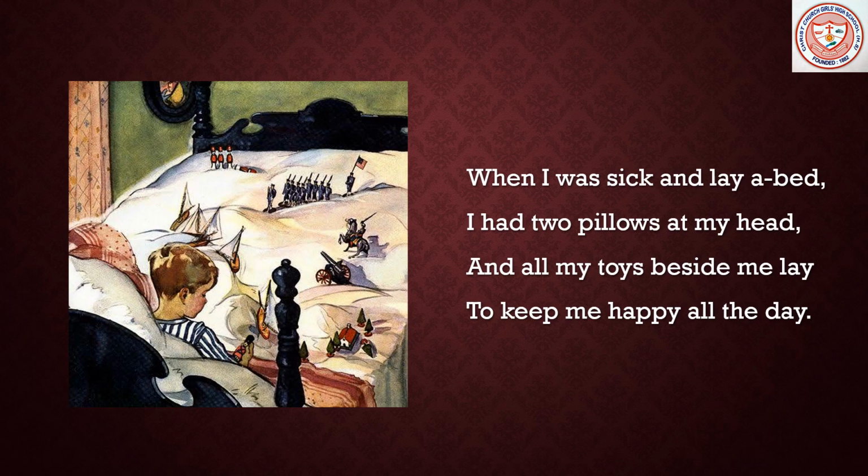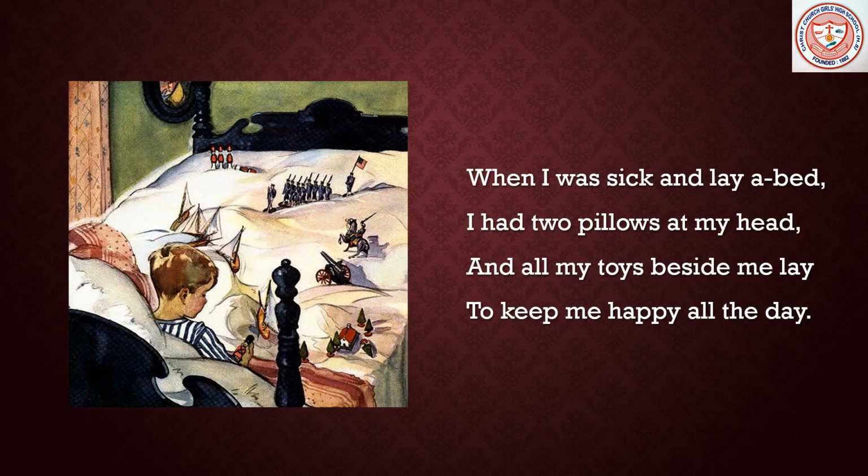So, in this stanza, we can see that the poet is saying that the boy was facing illness and he was lying on the bed. He had two pillows at his head. That means no other things were there with the boy. Only these two pillows were giving company to the boy.